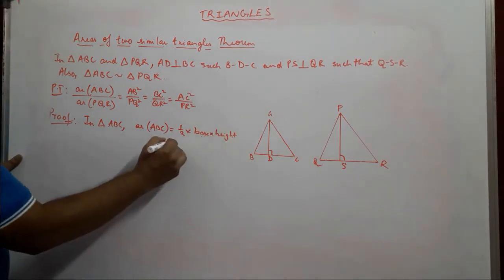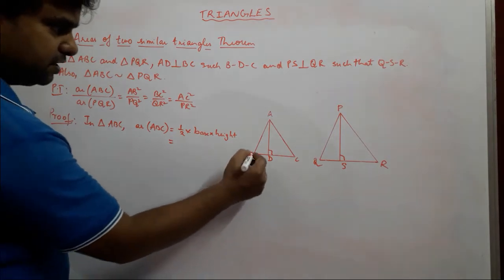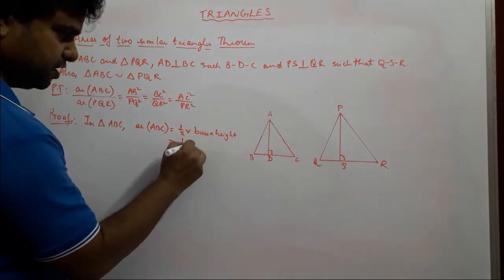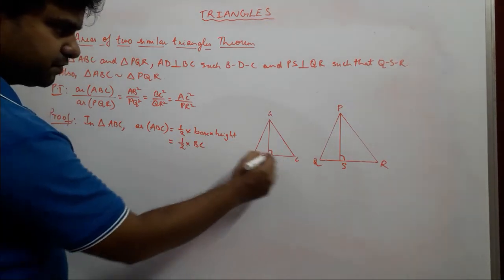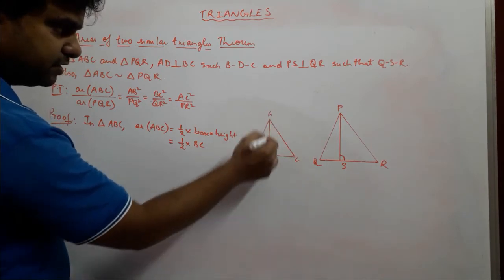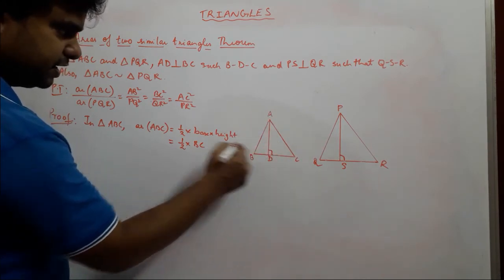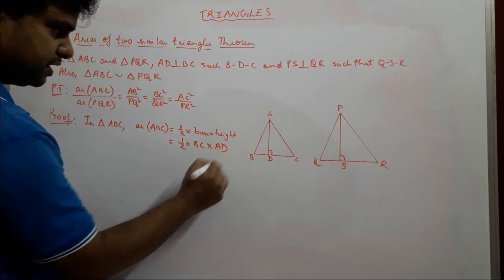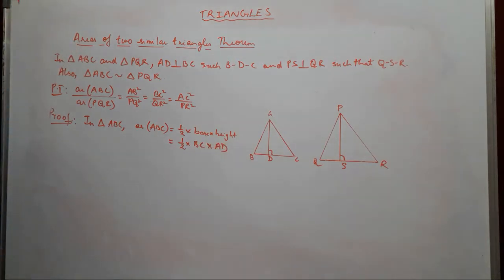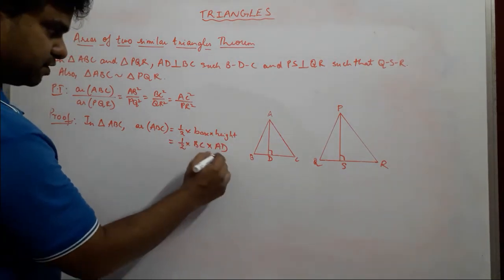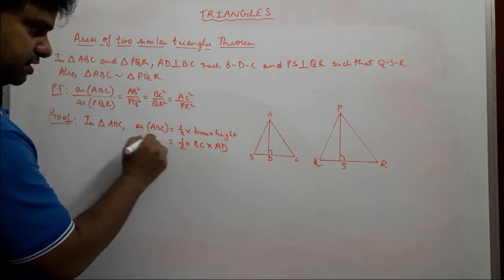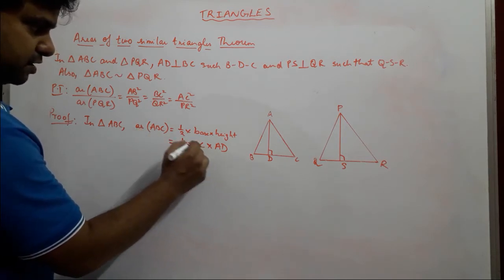What is the base of triangle ABC? It is BC. So we write half BC, and the height is of course the perpendicular, that is AD. So area of triangle ABC is equal to half into BC into AD.